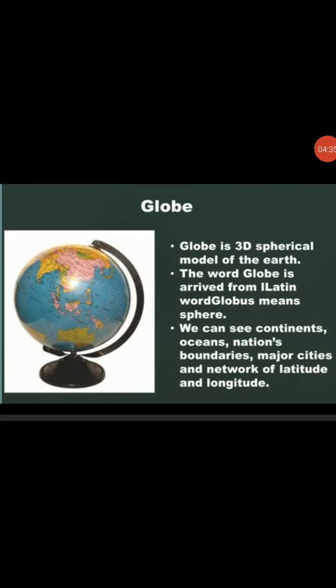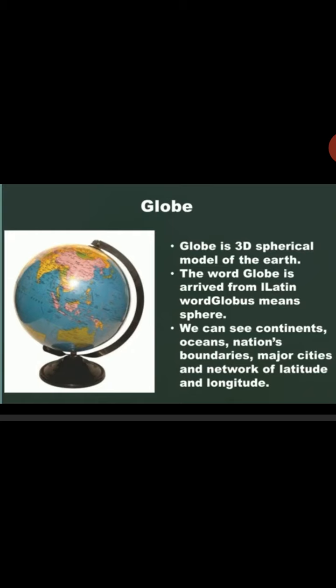So students, now we are going to learn more detail about the globe. You are familiar with the globe, right? As we have already learned in the previous chapter, in the latitude chapter also, we learned about the globe, right?